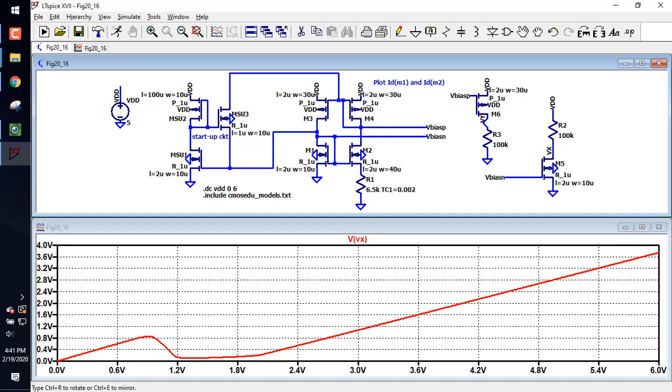Not going to change much. All right, let's hit save, run. See how it comes up and is nice and flat as we sweep VDD at 2 volts.